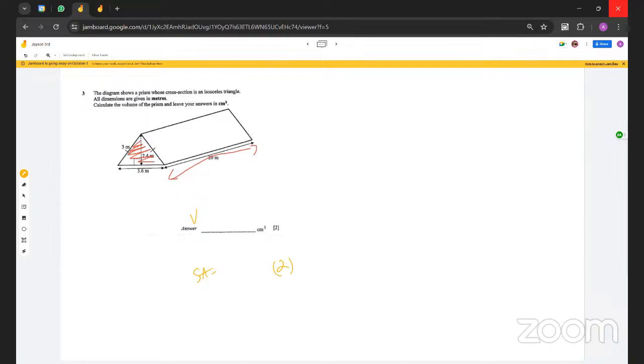Go and calculate. 9.6 times 6 times 20. Write down, please. 192 meters. What's the unit for volume? Think about it.